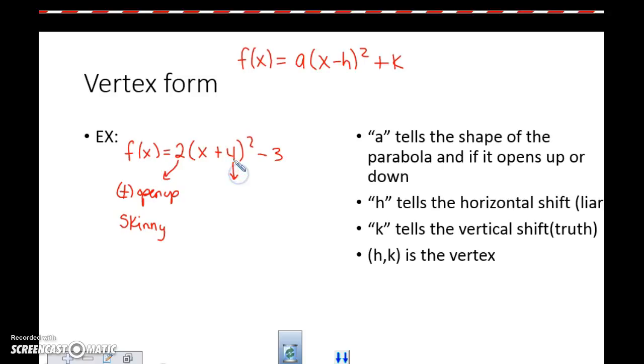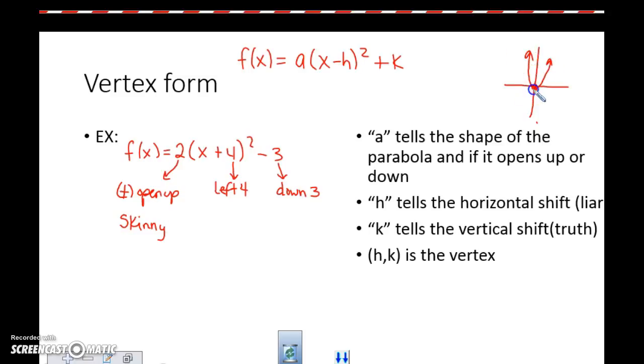H tells us how it moves left and right. It is a liar, so if it says plus 4, it actually moves to the left. And then k, the last number on the outside of the parentheses, the minus 3, tells us up and down movement. So this goes down 3. It tells the truth. So if we think about this parabola, however it's oriented on the graph, here's the original.